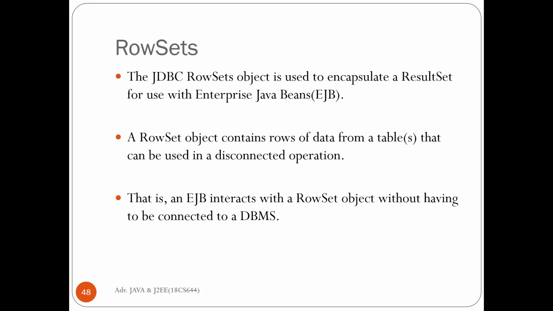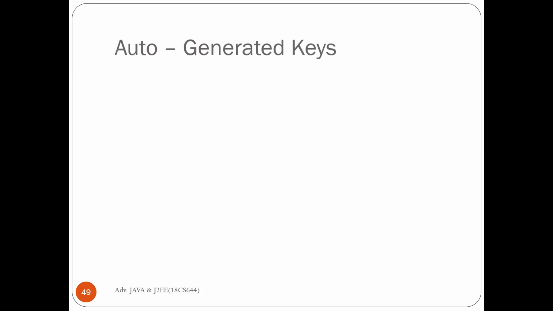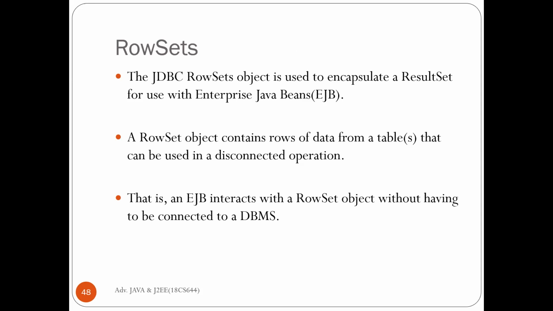This is ideal for applications that have handheld devices, that is PDA devices, where once the database is dumped, there is no need to connect with the database. Only the data that is required for that particular client will be dumped in a RowSet.